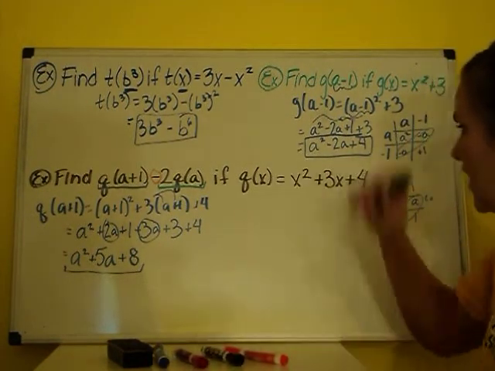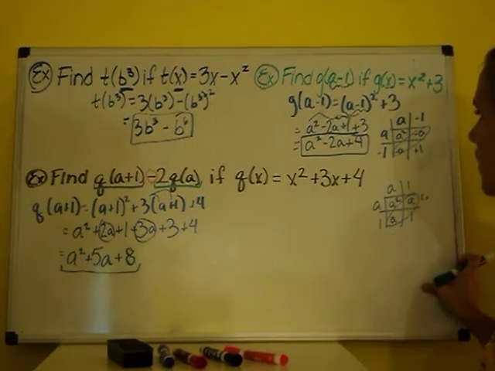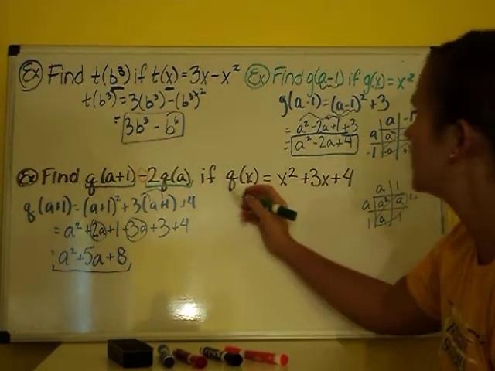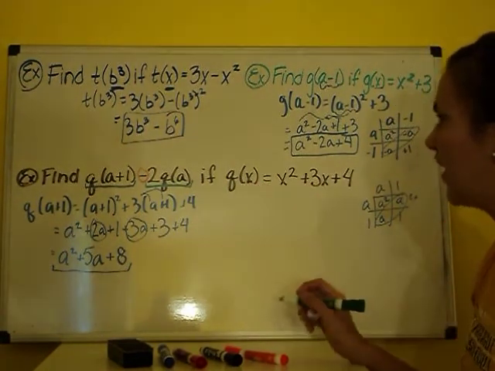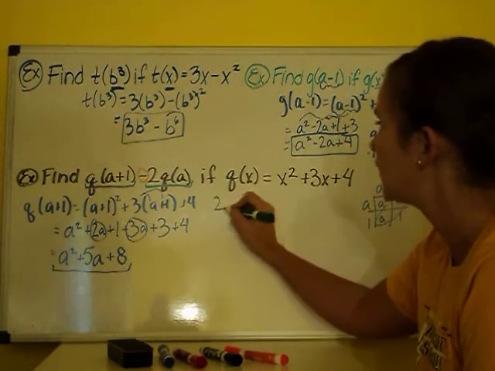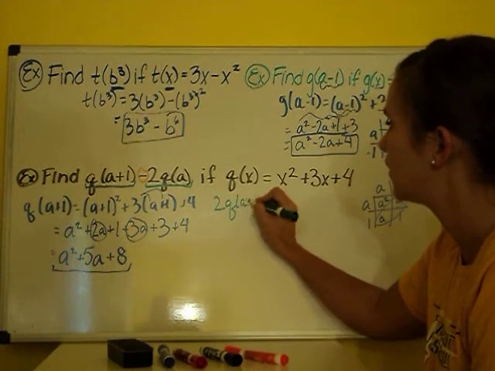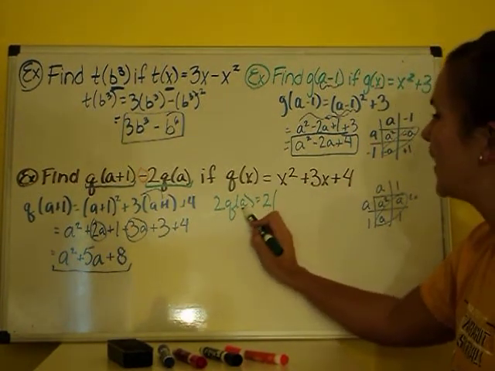Okay? Next, we need to find 2q of a. So, if this is our q of x, that means that we're putting in an a for x, and then we're multiplying it by 2. So we're going to have 2q of a equal to 2 times. Everywhere we see an x, we put an a.